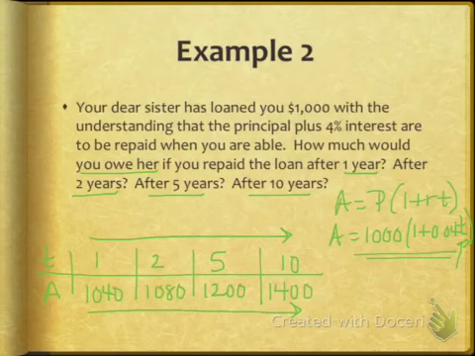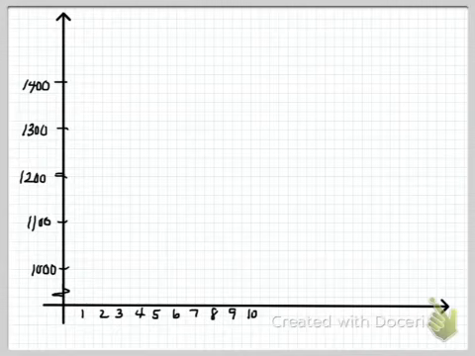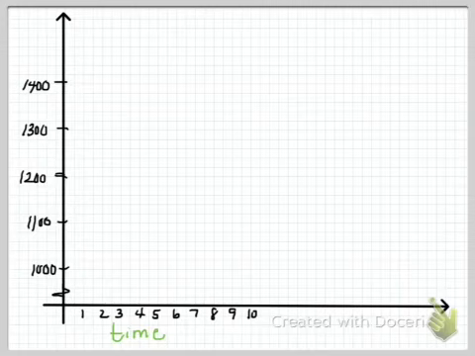Now let's just take a quick look at what that looks like graphically. So on the x-axis, I have my time in years, and on the y-axis, I have the amount I owe her.